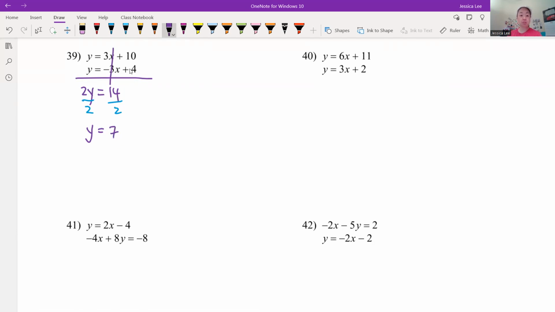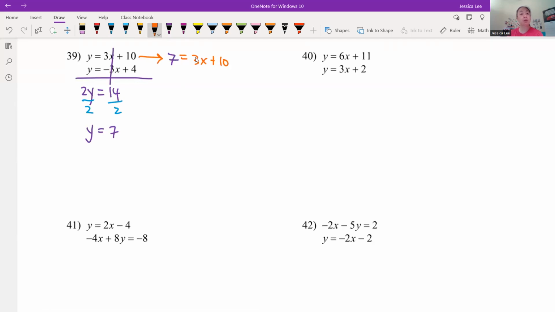Okay, let me just show you. Oh, and then we'll figure out what our x is. Now we know our y. We're going to figure out our x, and let's use the top one. Okay, so we know y is 7, so 7 equals 3x plus 10.